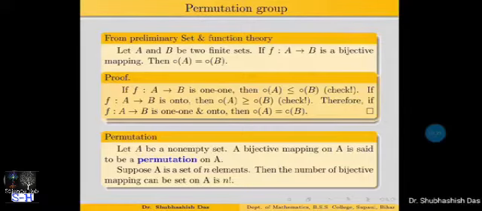If f maps A to B is onto, then order of A is greater than or equal to order of B. You please check it. Therefore, if f maps A to B is bijective, that is 1-1 and onto, then order of A is equal to order of B.